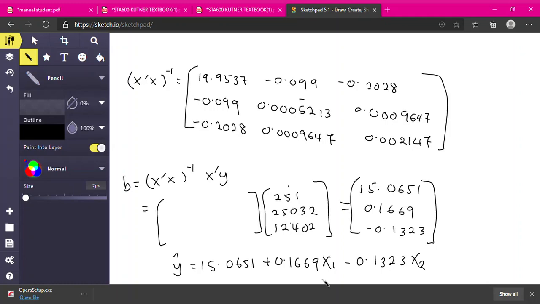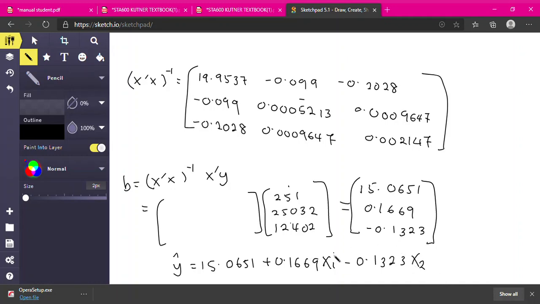When x1 is increased by 1 unit, the mean of y will increase by 0.1669 unit, when the other variable x2 remains constant. That is the interpretation for the coefficient of x1.